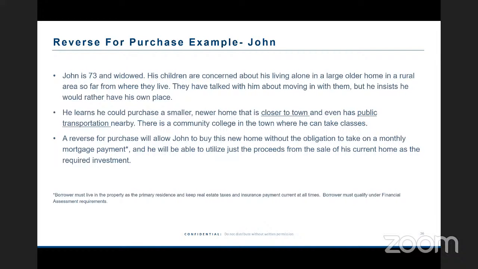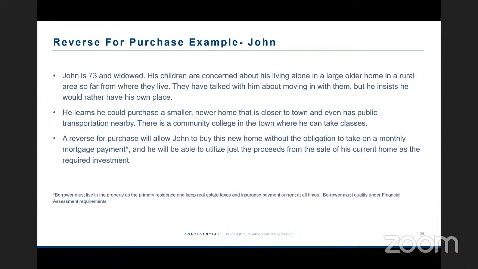A reverse for purchase will allow John to buy this new home without the obligation to take on a monthly mortgage payment, and he'll be able to utilize just the proceeds from the sale of his current home as the required investment. And I want to stop here and talk about something that I mentioned as part of John's story.